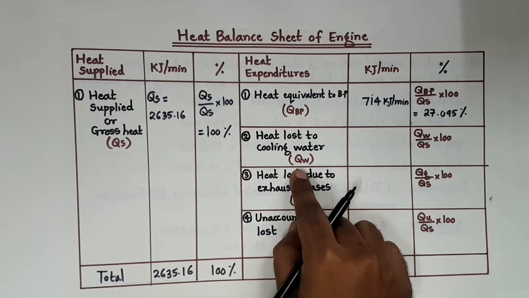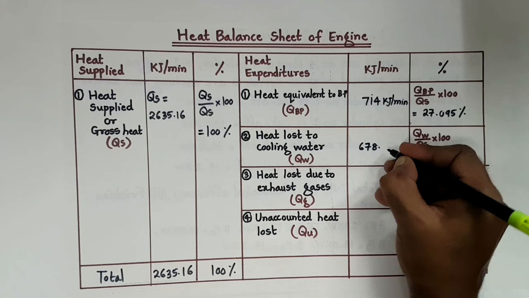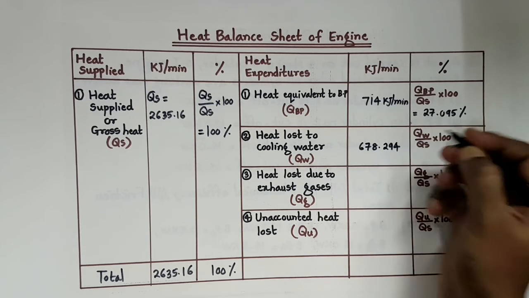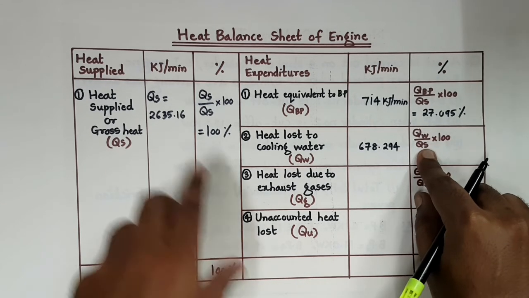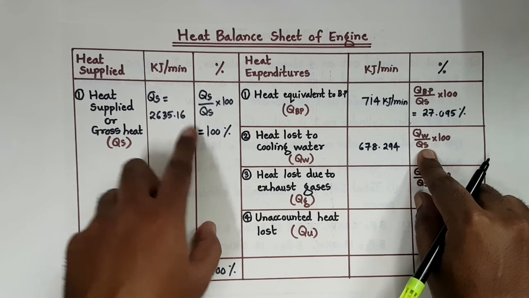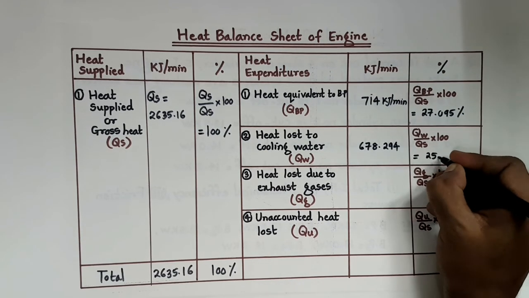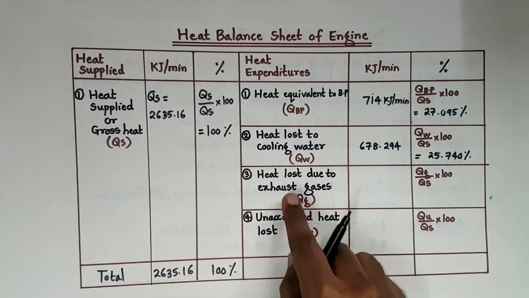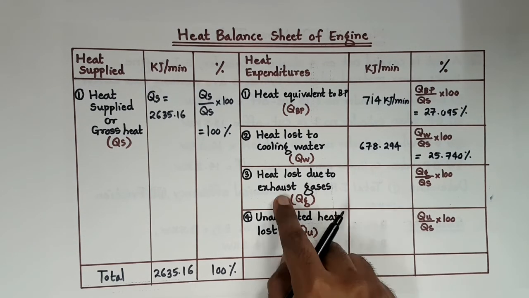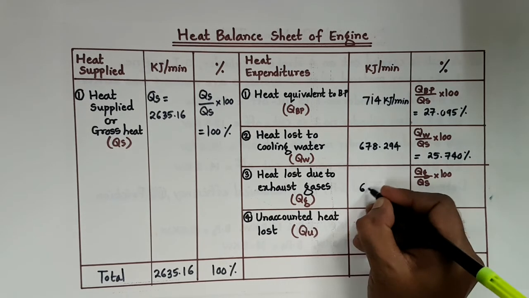Then heat loss to cooling water, already determined, that is 678.294. So 678.294 divided by heat supplied value 2635.16 gives 25.740%.